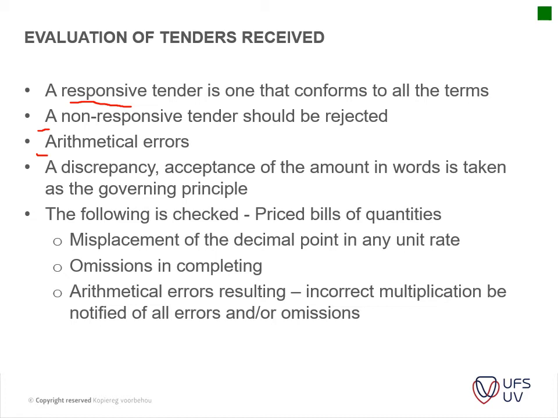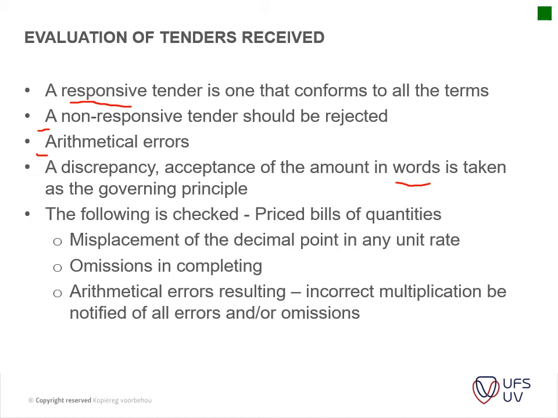If there's a discrepancy, for instance, the amount in words is taken as the governing principle. So for instance, if you wrote an amount of 100,000 in numbers, and then in words you wrote 1 million rand, the 1 million rand will be your tender offer.